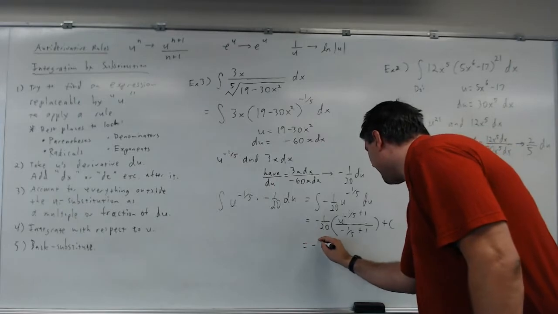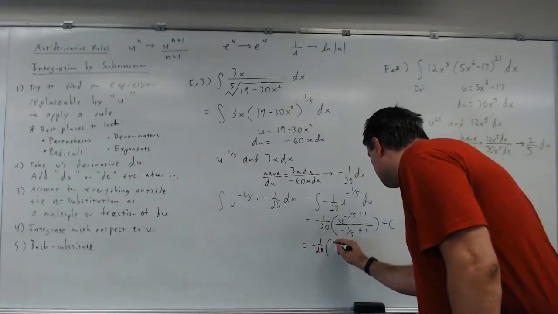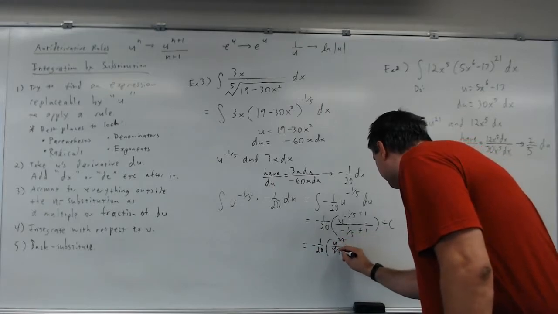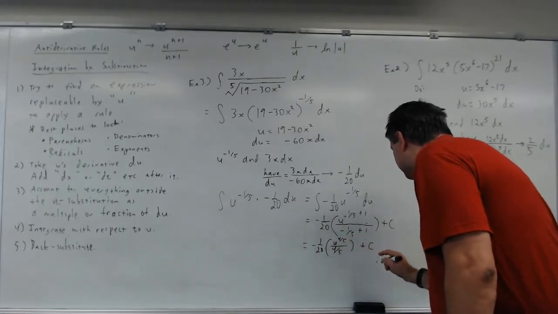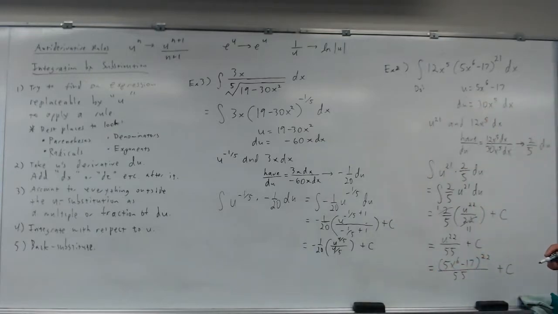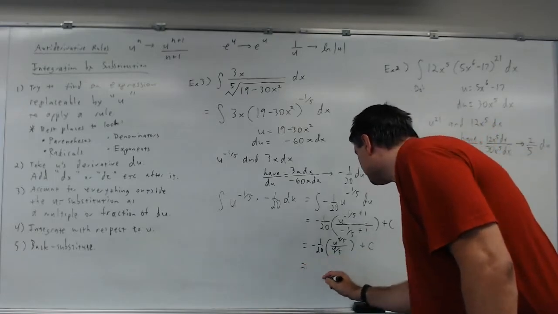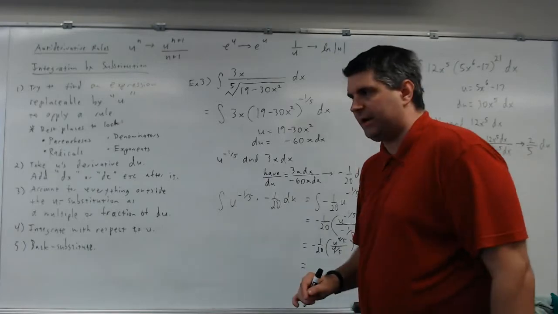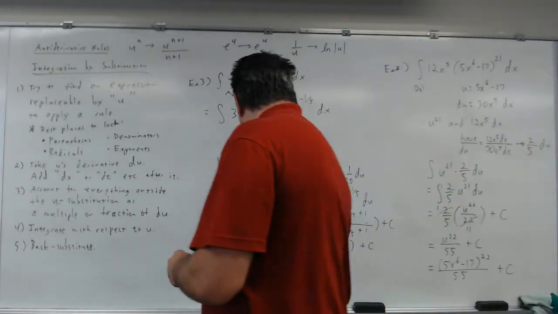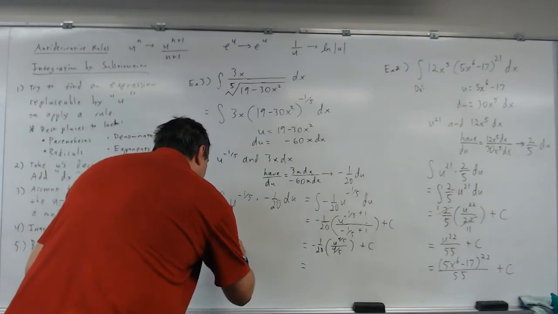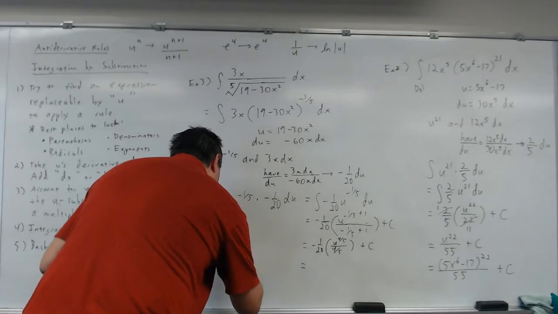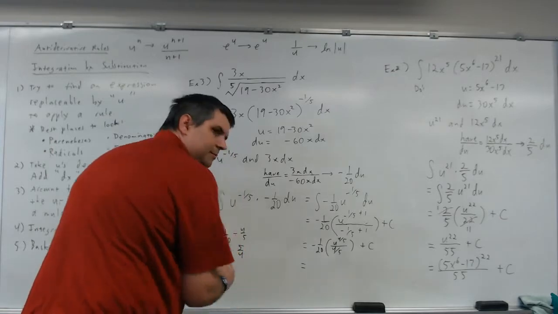So this is going to be negative 1/20 u to the 4/5 over 4/5 plus c. So this will be negative 1/20 divided by 4/5, which is negative 1/20 times 5/4.